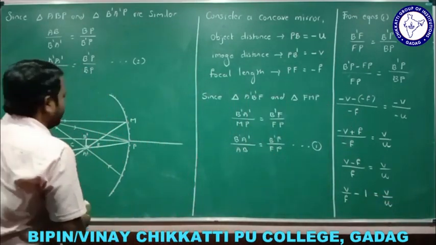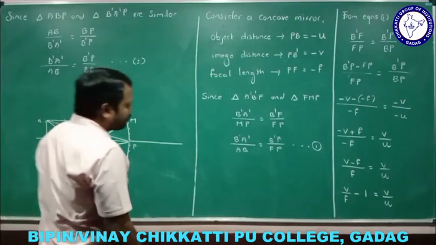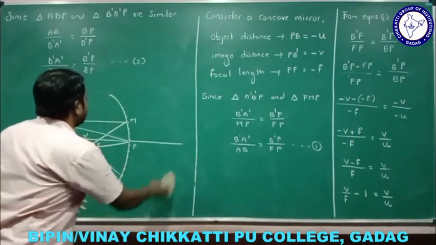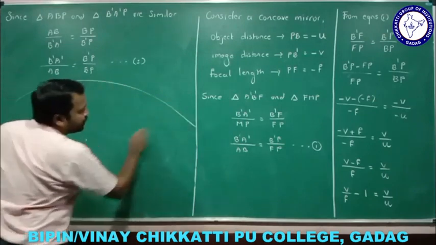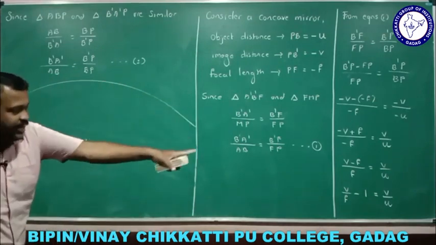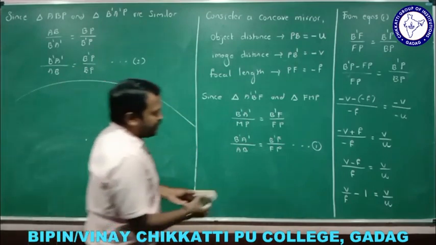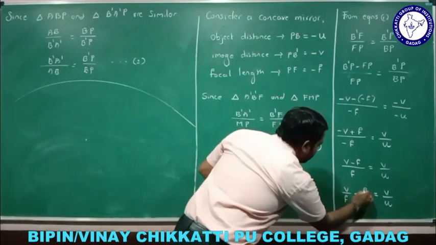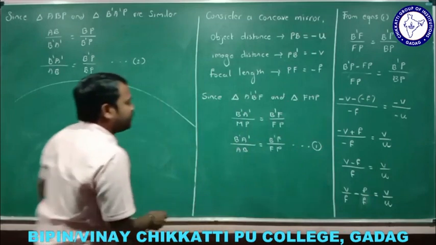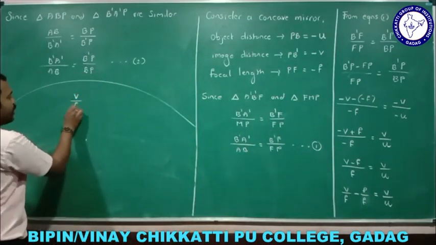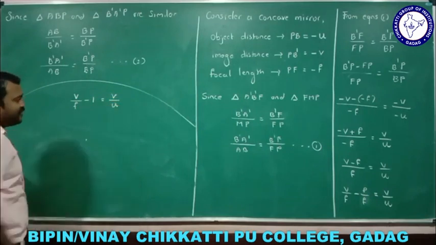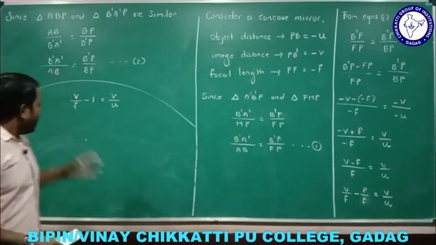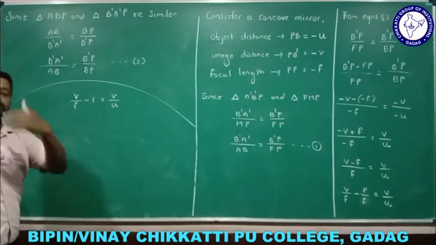Let me continue here. What do I get? v by f minus 1 is equal to v divided by u. Now I will divide all terms by v.